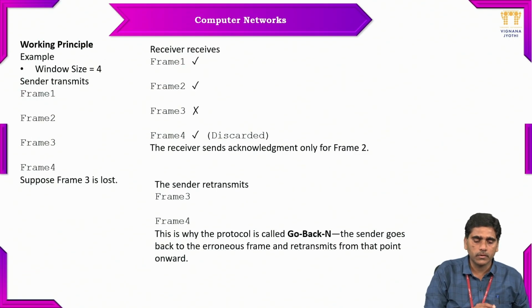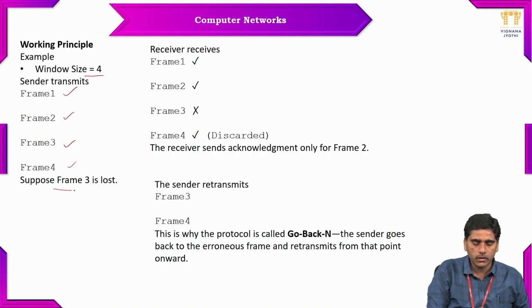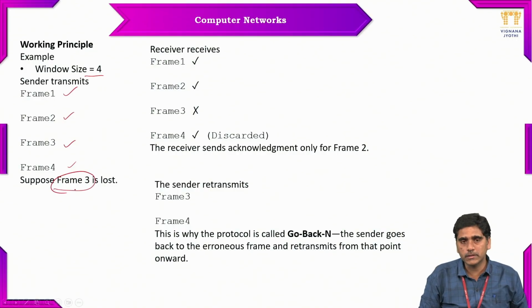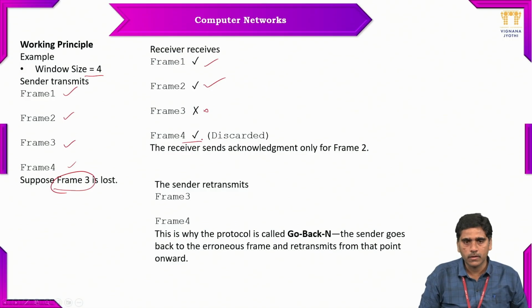Working principle, for example: the window size is 4 frames. The sender transmits frame 1, frame 2, frame 3, frame 4. Suppose in the middle of the channel frame 3 is lost, so the receiver receives frame 1, frame 2, frame 3 is lost, frame 4 is also transferred.